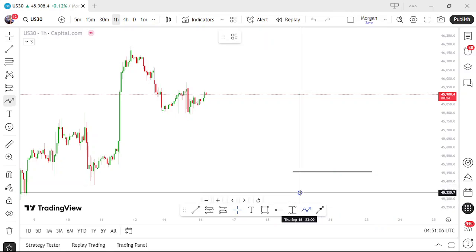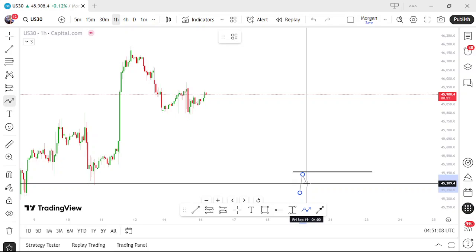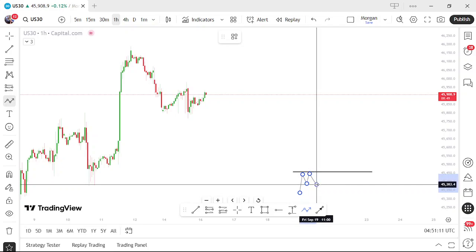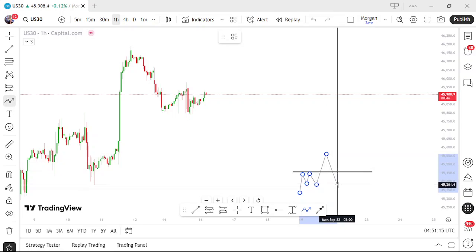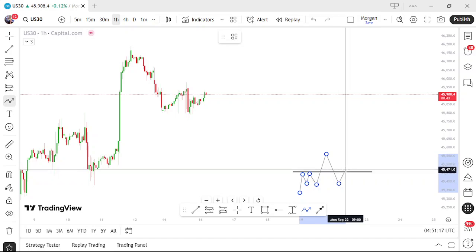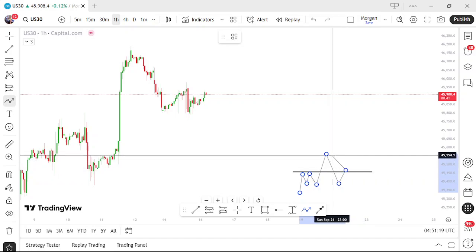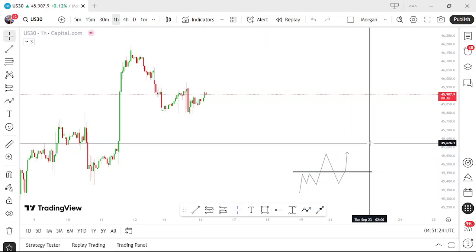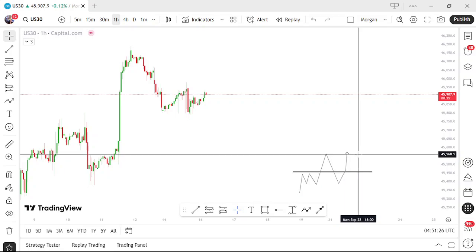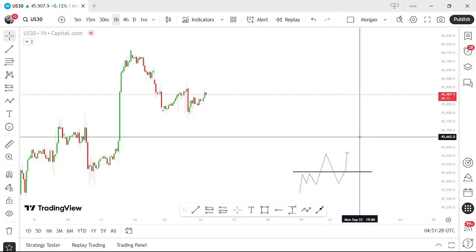So we have here indication, correction, however low that wants to go, and then back above here is the continuation to target these highs. That's what ICC is about. And so when you trade in this kind of system, you understand that this is an uptrend.